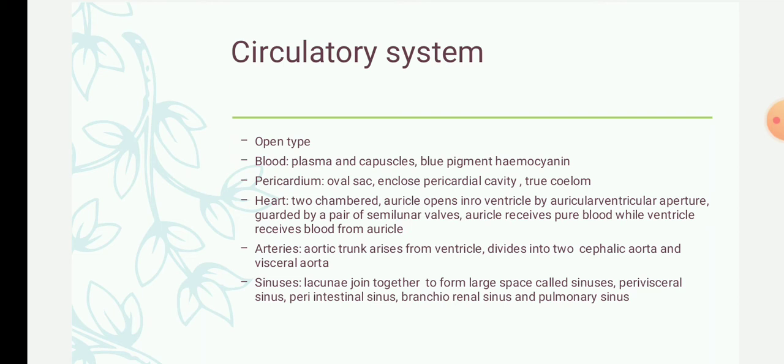Whereas the peri-intestinal sinus lies around the intestine, the branchiorenal sinus lies along the right side of the entero-renal chamber, and the pulmonary sinus is located in the wall of the pulmonary sac. So these are the 4 main sinuses which collect the impure blood.